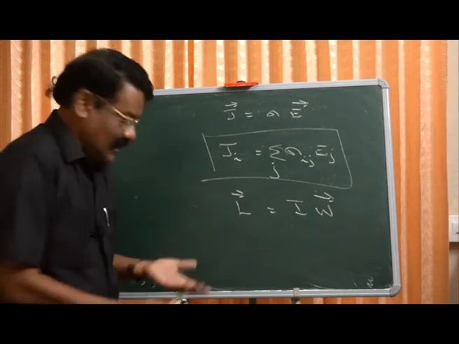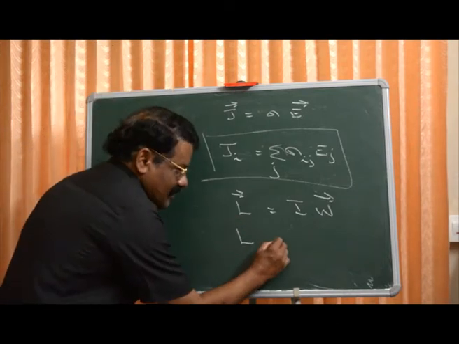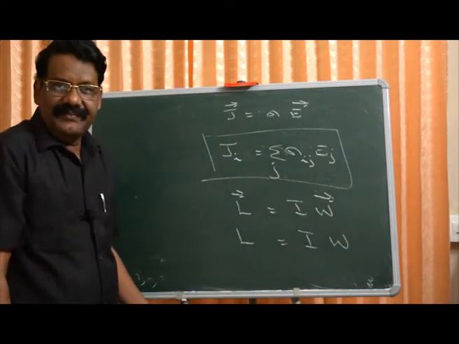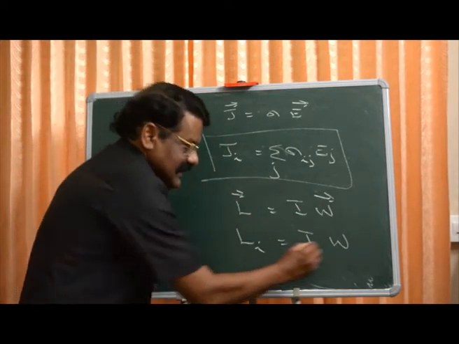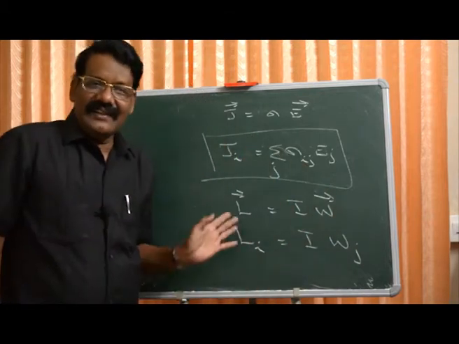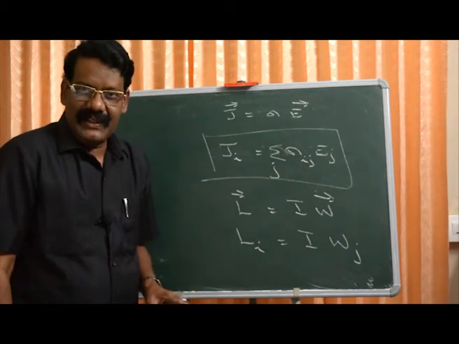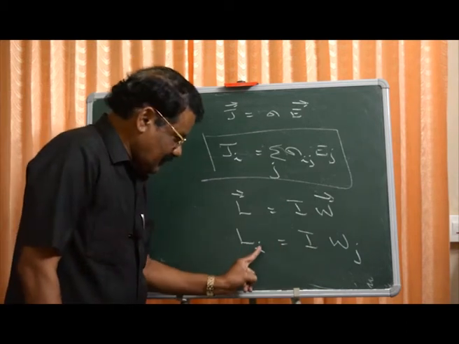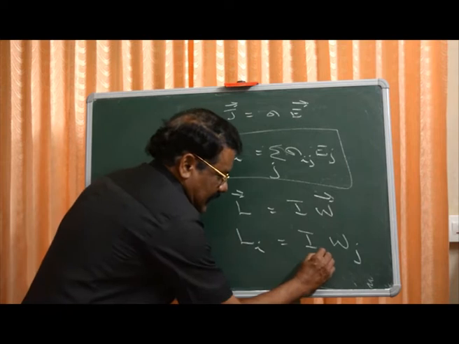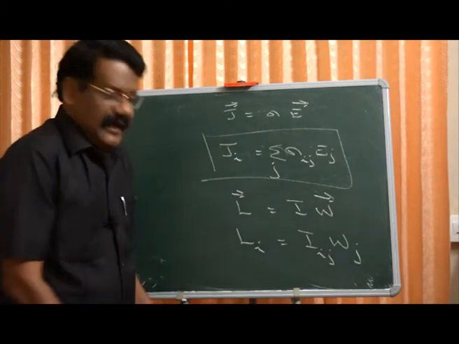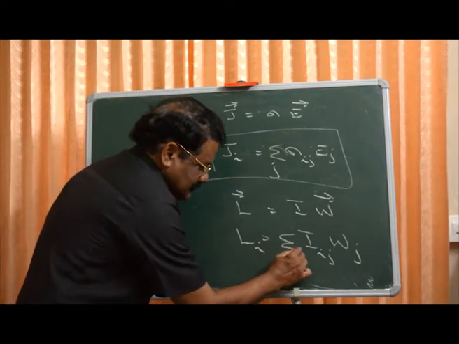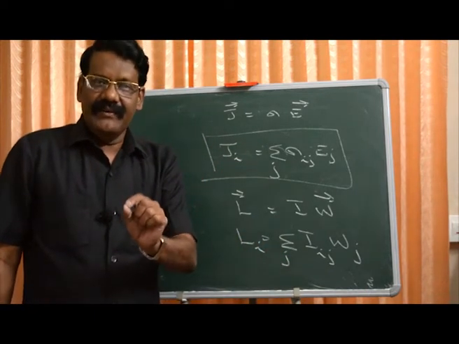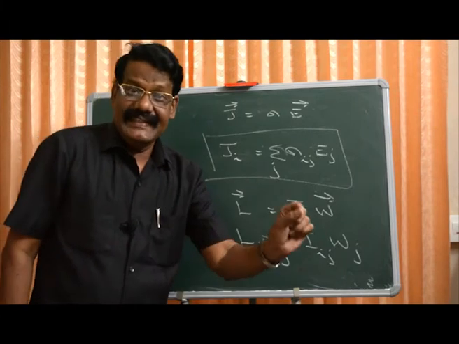So in tensor language, this can be written as L_i equals I_ij omega_j, because both have different directions. I already told you this is a coupling constant between i and j. And it has to be summed over j. j can be the X component, Y component, and Z component.